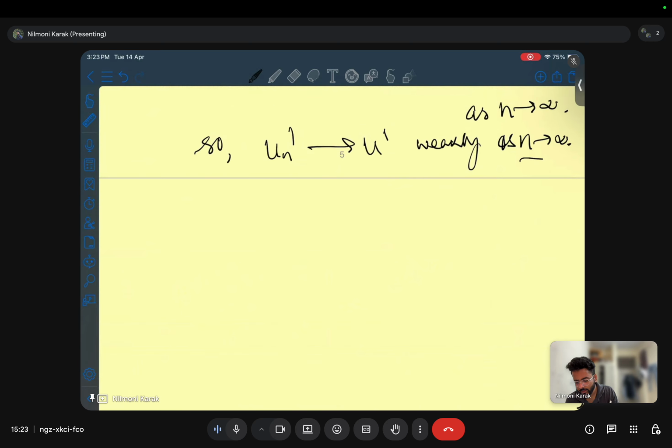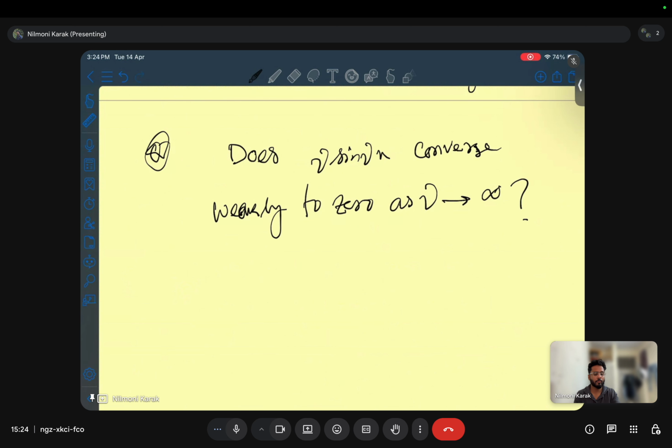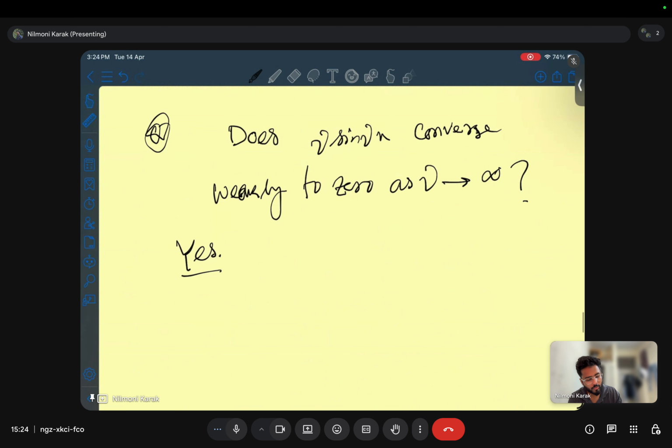So from this, does cos(nx) converge weakly to 0? Yes. Why? Already we have seen that it converges to 0 weakly as n tends to infinity.